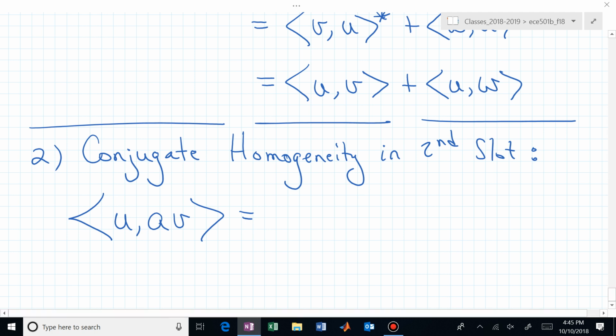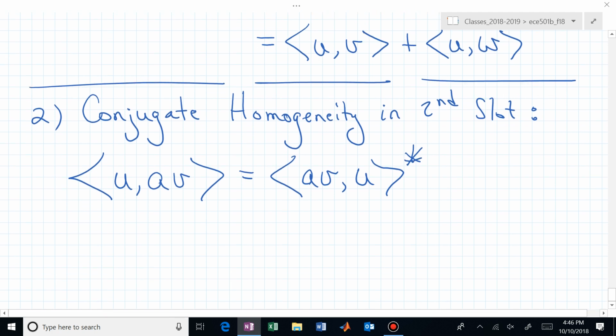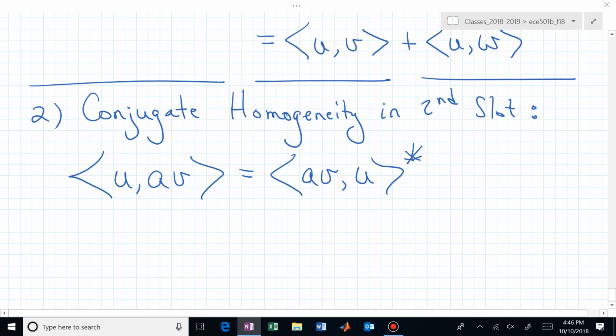So now we can say, av, u, complex conjugate. Now that's a, since we know that we have homogeneity in the first slot.